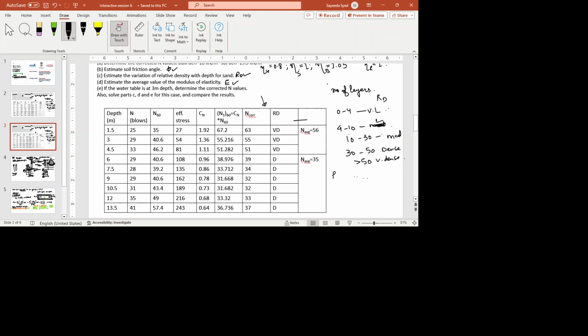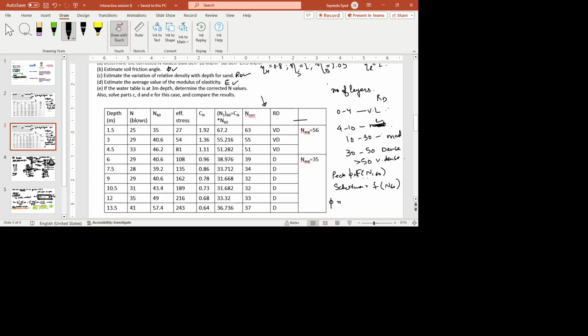Peck has given phi as a function of N160, while Schmertmann has given phi as a function of N60. Since we have already calculated N160, let's go on with the relation given by Peck.